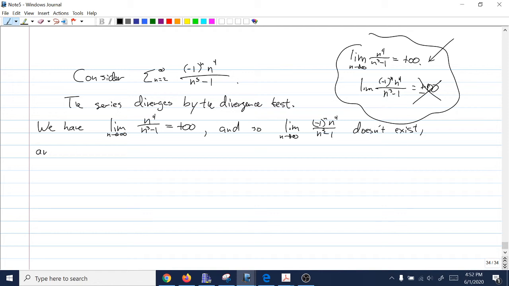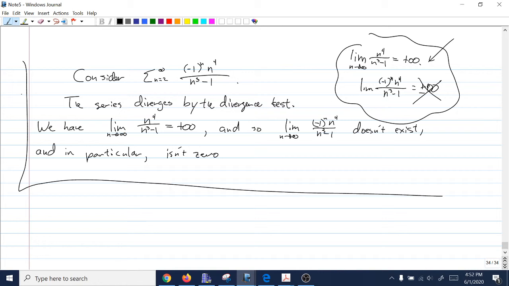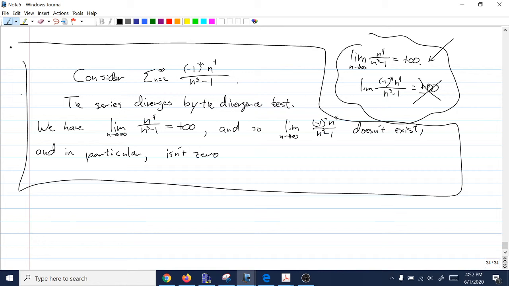And in particular, isn't zero. Done. The limit's not zero, so you fail the divergence test. You cannot converge at all.